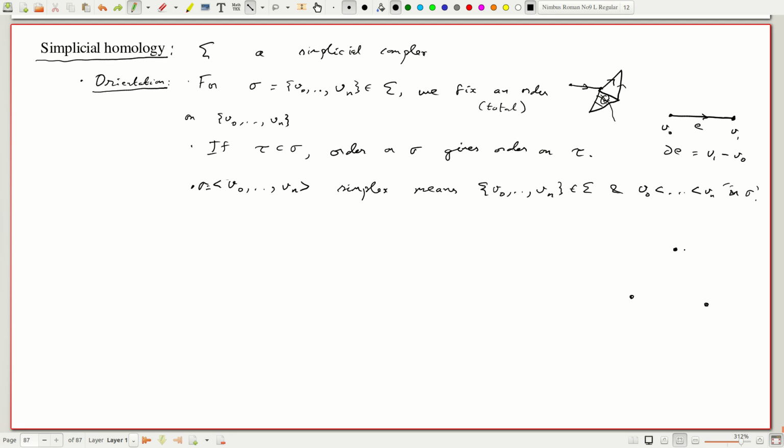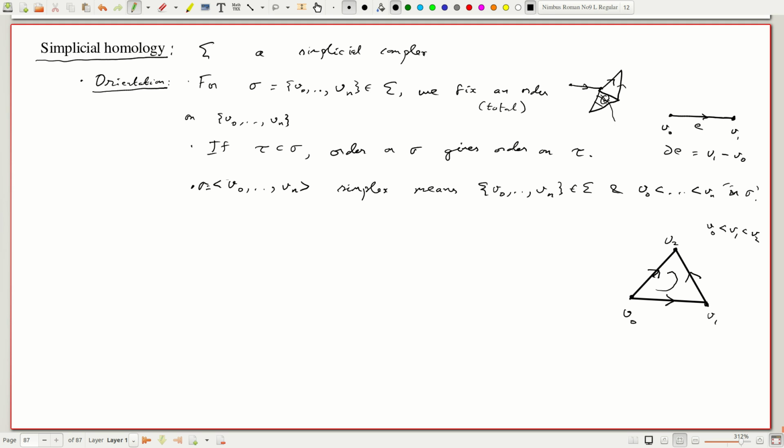Okay. Sorry, it seems determined not to fit. Straight line here, a straight line here, and a straight line here. And let's give these, remember, names. I'll call them V0, V1, and V2. And assume, of course, that V0 is less than V1 is less than V2. Then you think of this as being [V0, V1] and [V1, V2], and the edges are oriented this way.